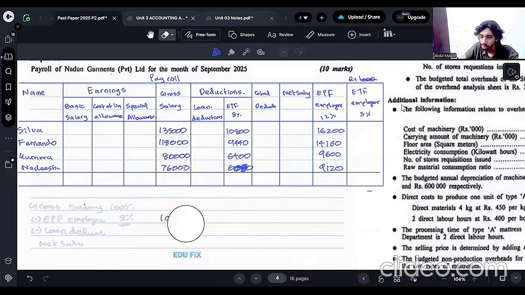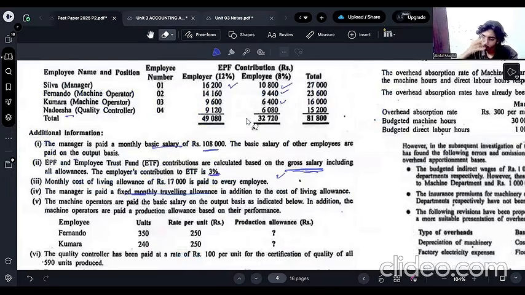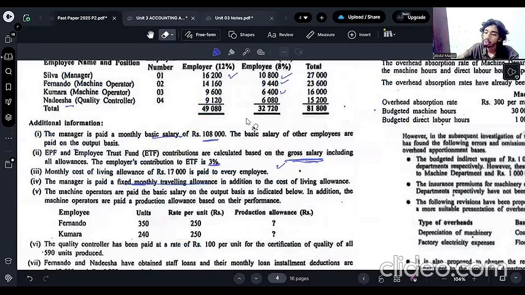Next. Now, Silva's basic salary. The manager, Silva, is paid a monthly basic salary of 108,000.